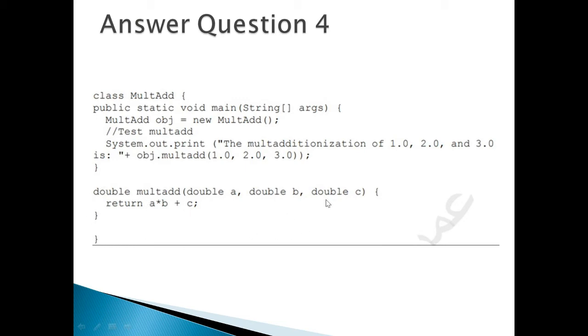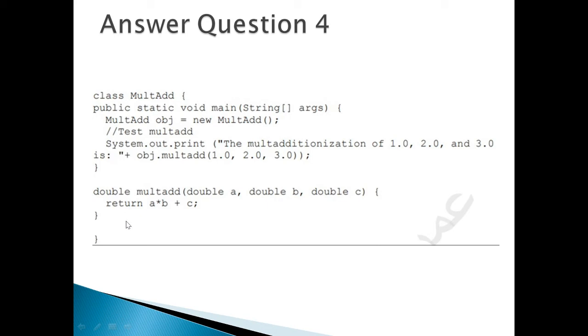And then the next part is to create the main method. To call your method, you need to create your object. Create your object by your class name: multl obj equals new multl with parentheses.